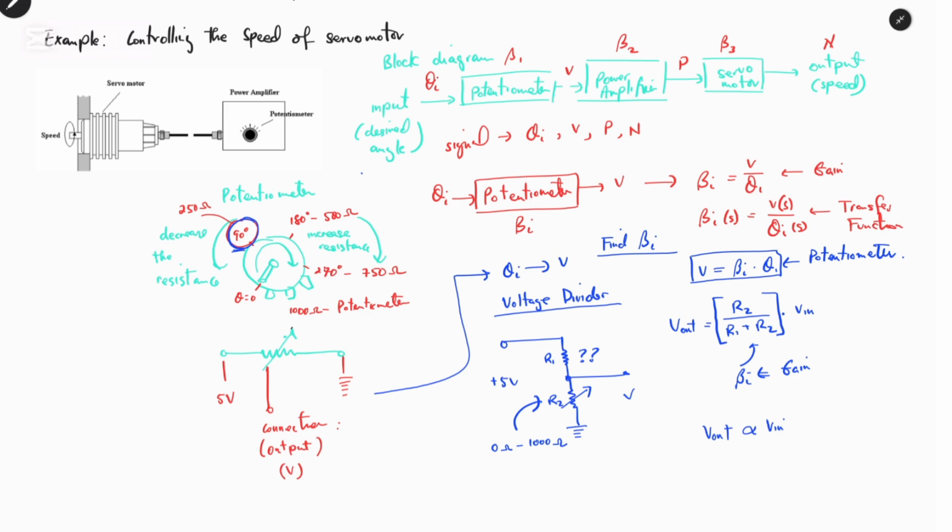However, practically the definition for the voltage divider is such that the Vout must be equal to a fraction of Vin.